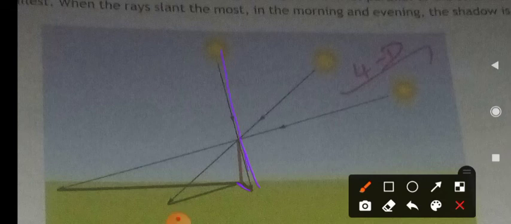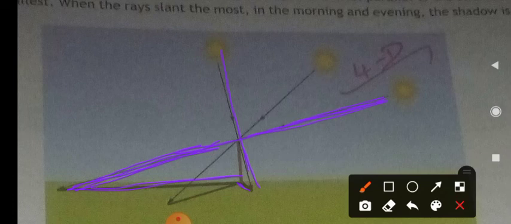When the rays slant the most, this is the most slanting ray, isn't it? In the morning and in the evening, the shadow is the longest. So when the rays are most slanting, the shadows are the longest. Look at the shadows. Okay, children, when the rays slant the most in the morning and evening, the shadow is the longest.